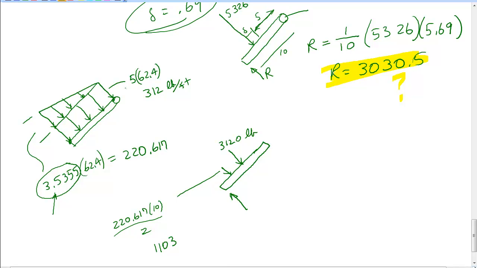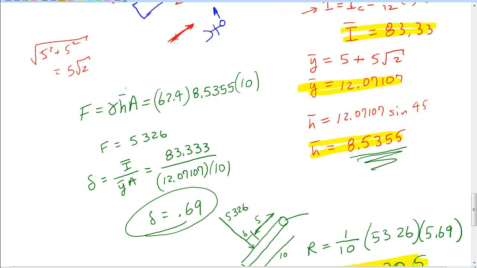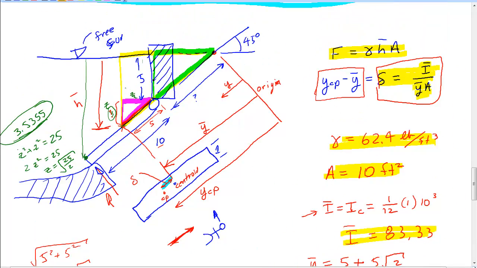Let me see if I can correct myself without editing this video, because I don't want to do that. Previously I found the distance here, z. Actually, that distance is the same as another purple triangle like that, because this is 5. This is another 3.53.